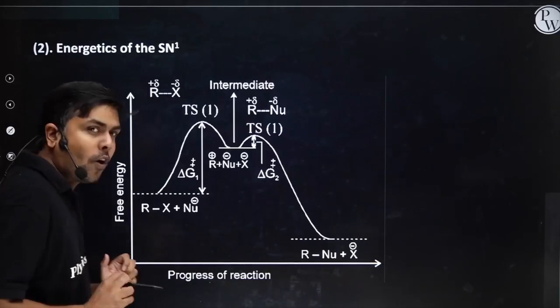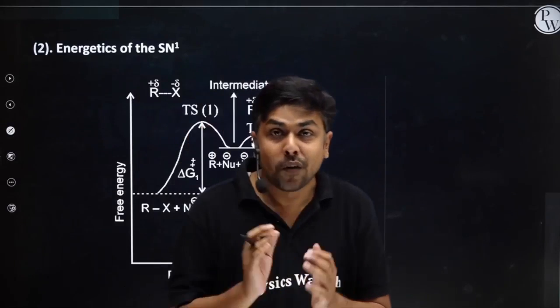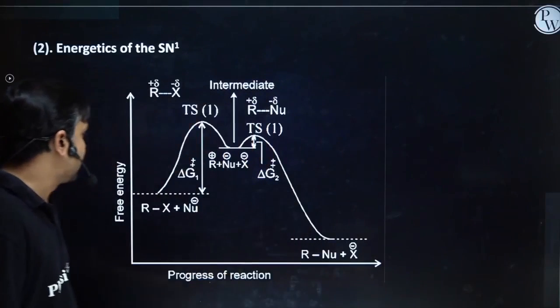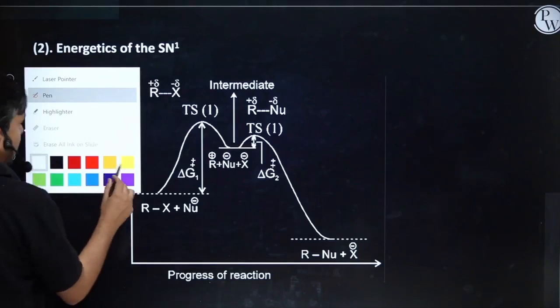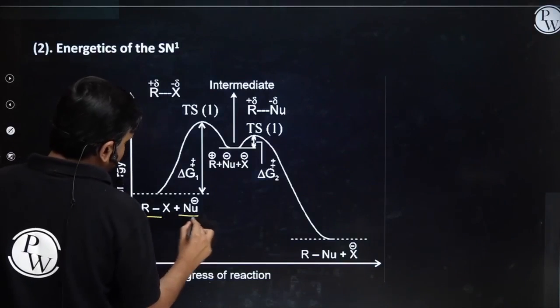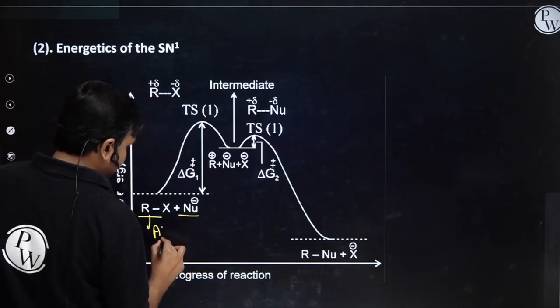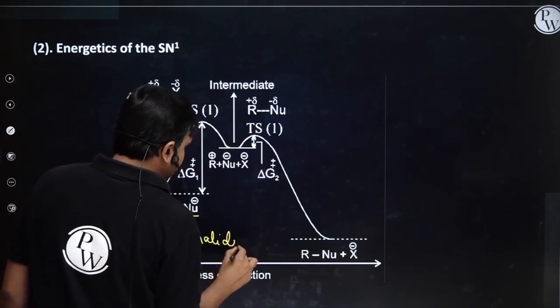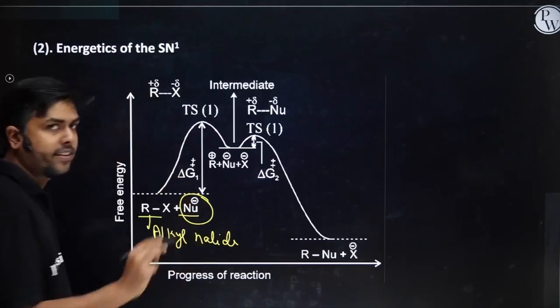Student, if I talk about the potential energy versus reaction progress of this SN1 reaction, it's like this. First, I'm having my substrate treated with a nucleophile. This is alkyl halide, treated with a nucleophile Nu-.